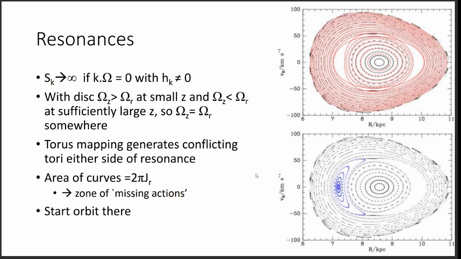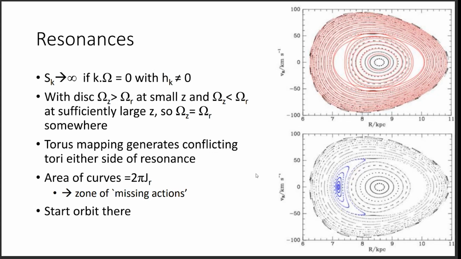But if you go to stars that move far from the galactic plane, then you will find that omega z becomes less than omega r. You know that that's the case because in a spherical potential, the frequency with which you oscillate vertically is actually the frequency with which you go around and around, and that is always less than the frequency with which you oscillate radially. So there has to be a level of excitation vertically at which omega z is equal to omega r, and we have a dirty great resonance.